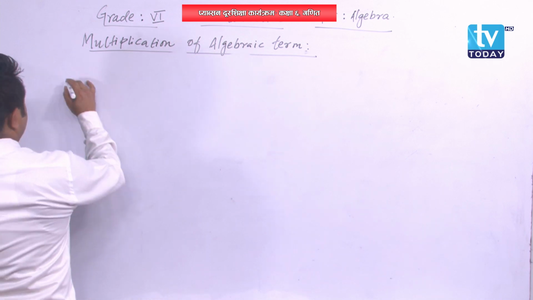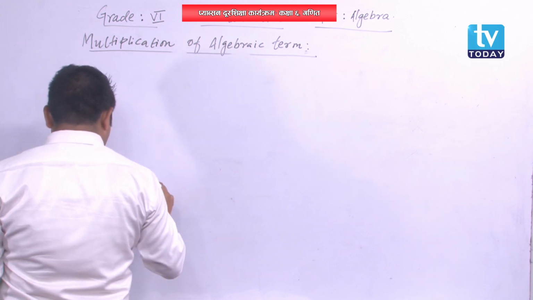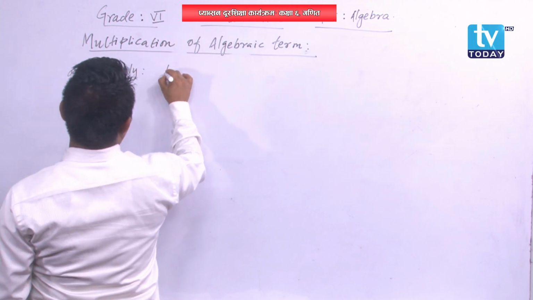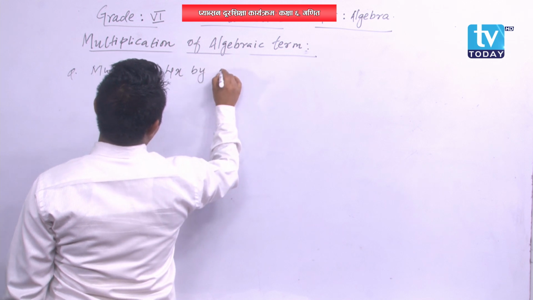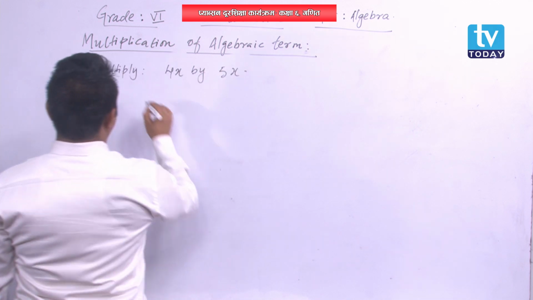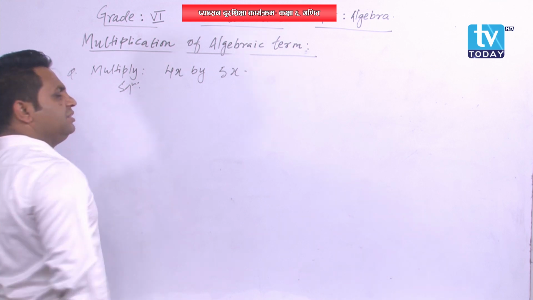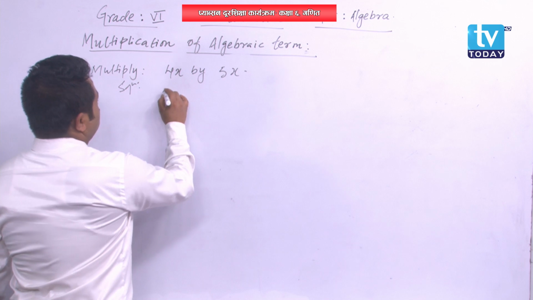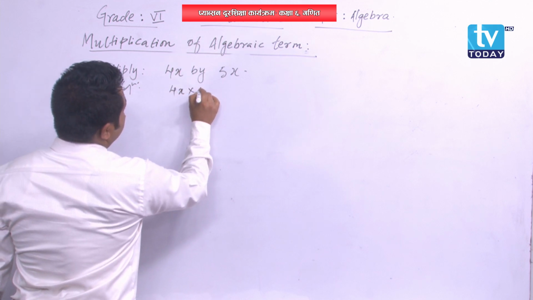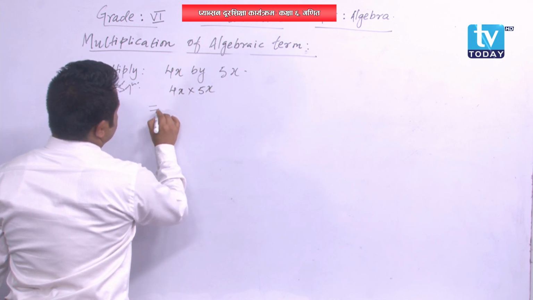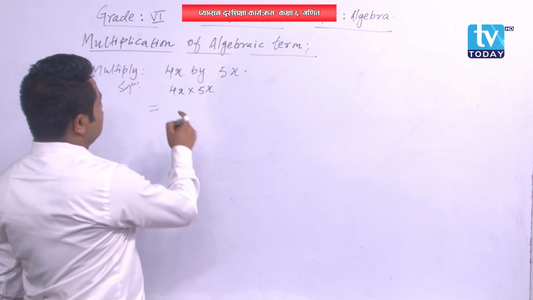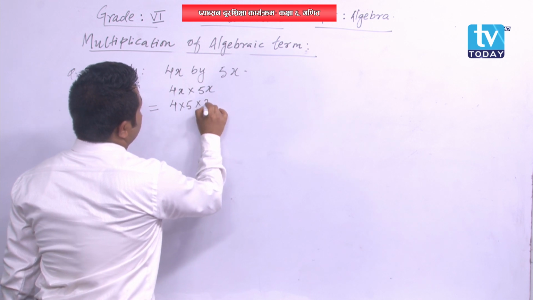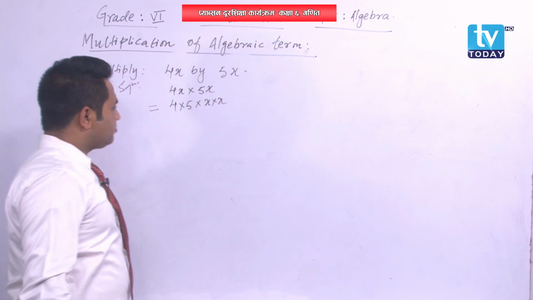Now, let's write some questions. Multiply 4x by 5x. Solution. Here you have to multiply 4x by 5x. You can write in this way: first write the coefficients, 4 into 5 into x into x.